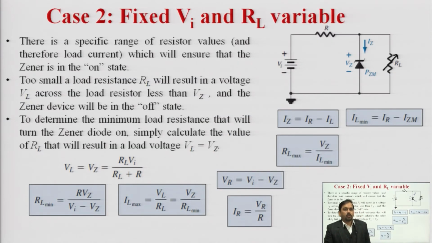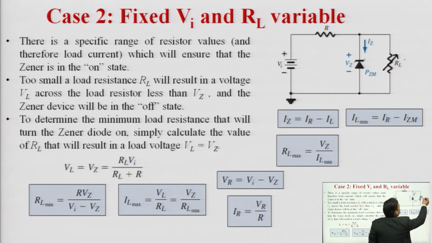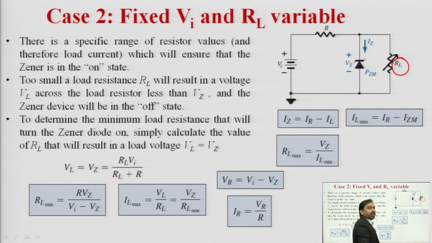Second case: now in this second case, the load is variable, meaning whatever RL is, it is variable, and we can change the load. So, we want a satisfactory range for that particular load RL, so that we can say that this circuit is working as a voltage regulator.